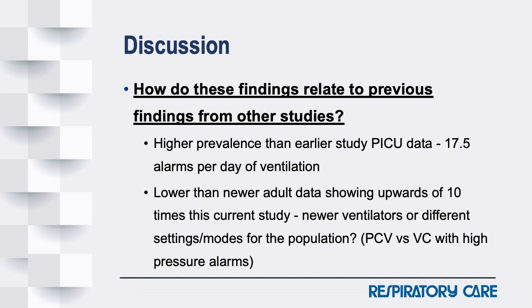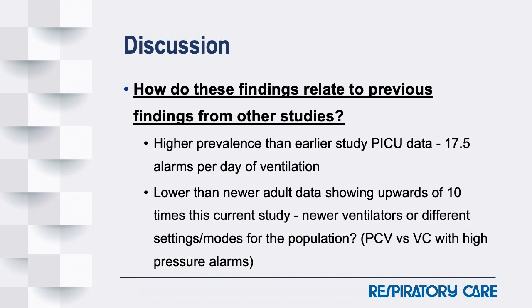It is lower than some of the newer adult data that shows upwards of, in some cases, 10 times this current study. That actually could be due to newer ventilators, or due to the fact that they're using different settings or modes for the adult population.